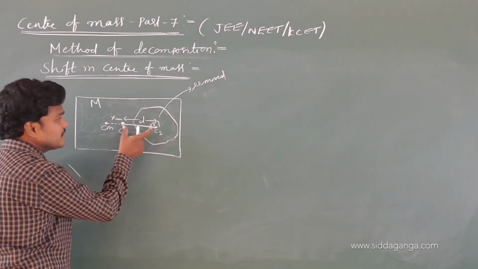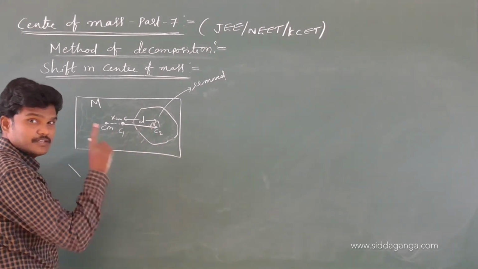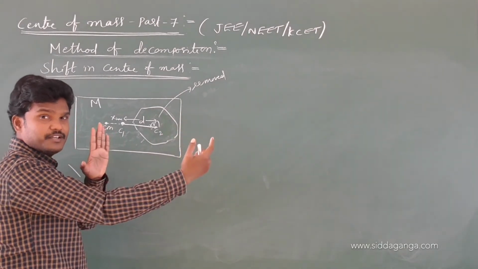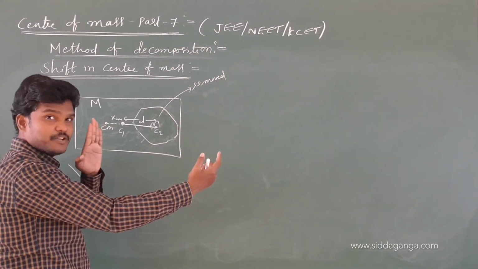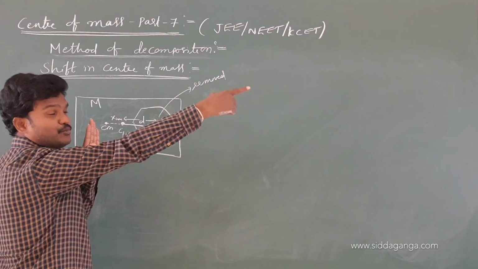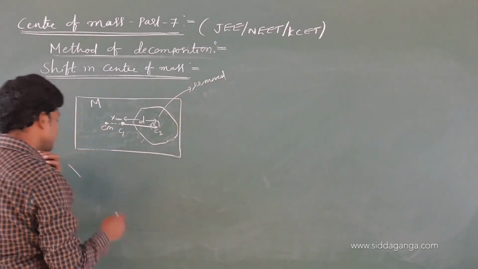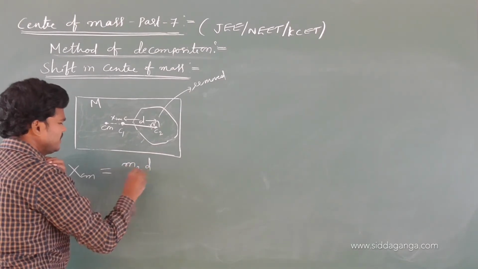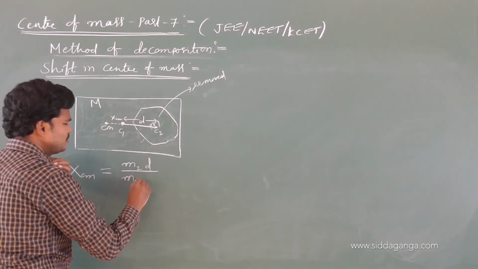M1, M2 are separated by a distance D. If you want to find the center of mass from M1, then what is our formula? M2D by M1 plus M2. So XCM is equal to M2D by M1 plus M2.